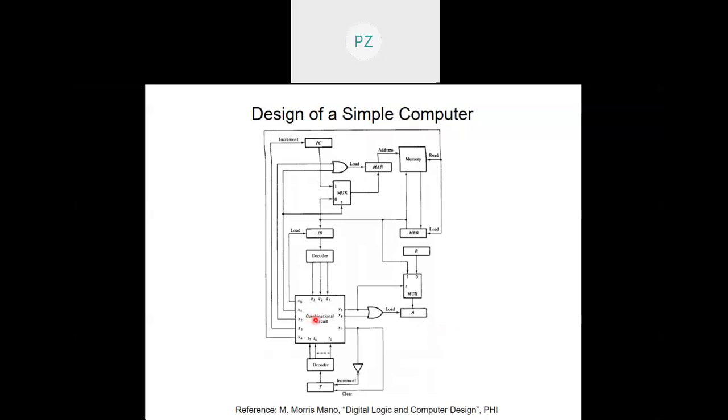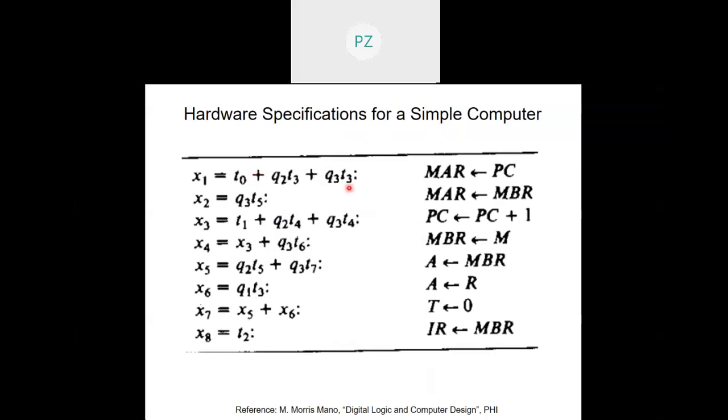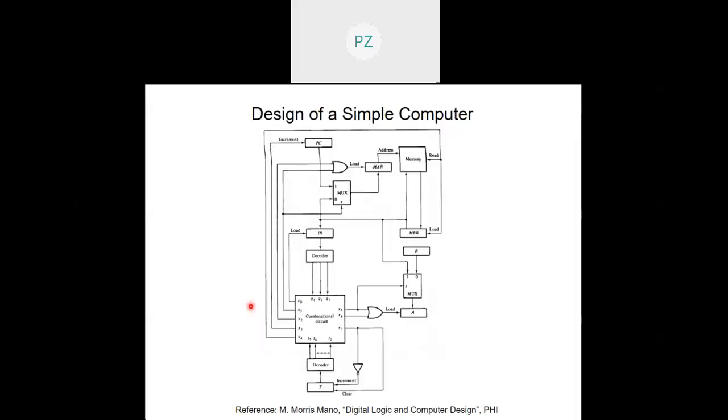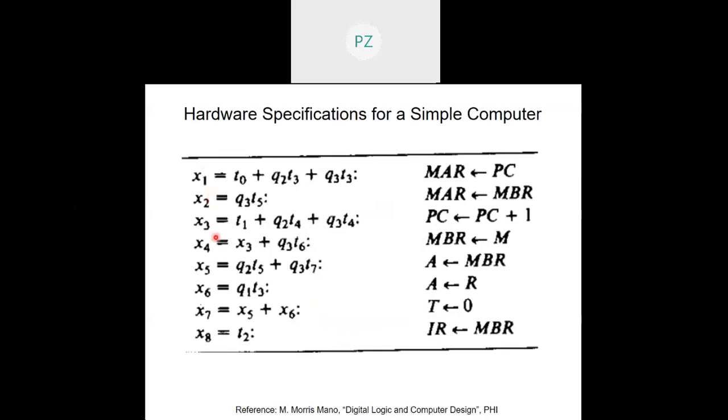All this combinational circuit will go inside. What are the inputs? The inputs to the combinational circuit are Q1, Q2, Q3 and the timers, right? So timers T0 to T7 come from the timing decoder, right? And the outputs generated by the combinational circuit are X1, X2, X3, X4, X5, X6, X7, X8.